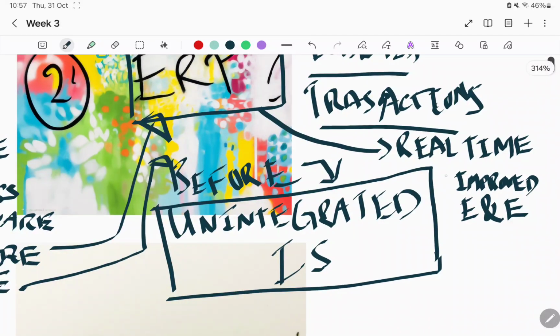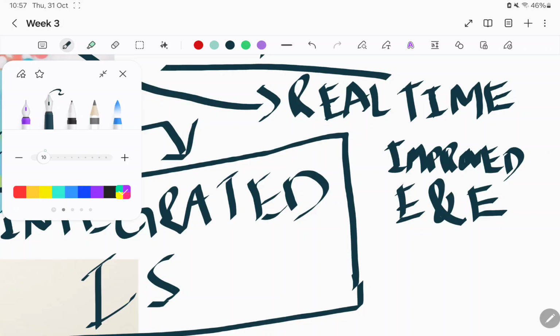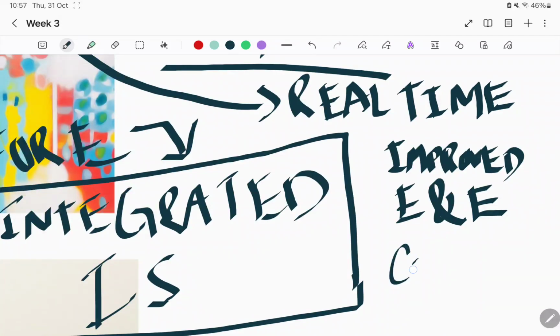I'd like to highlight this as well: it improves collaboration.